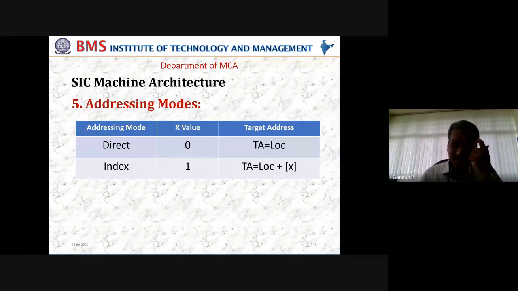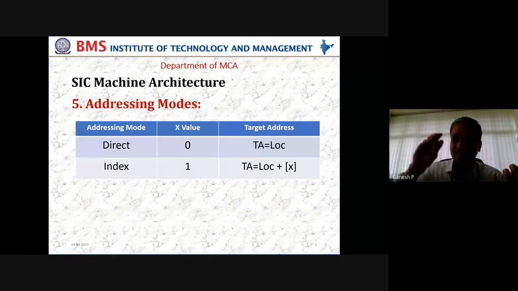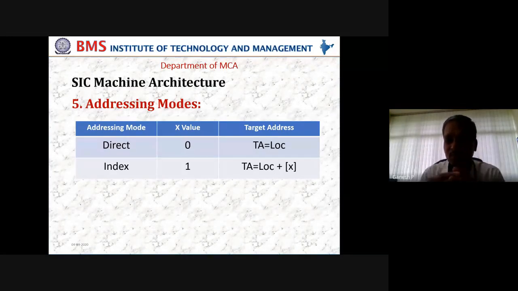If that is the case, index addressing gives me the base address plus the value of the index register put together, which lets me know the target address. These are only simple ones here. When you go to SIC/XE, you will see 6 to 7 addressing modes. If you have understood this concept here, you can probably learn those addressing modes in SIC/XE better as well. So let me know if you have understood this or if you have any confusion.